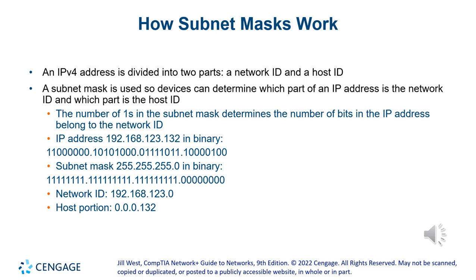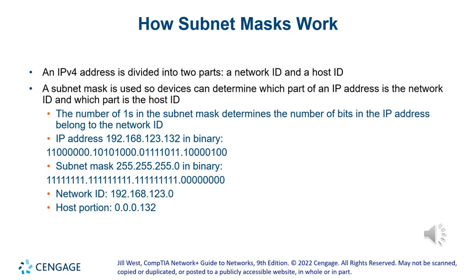So let's explain this a little bit better. You've got the IP address 192.168.123.132. In binary, that is what it shows there. And 132 is 10000100.